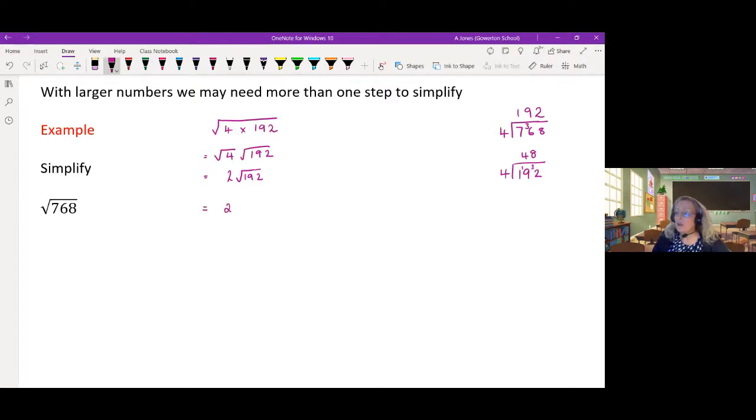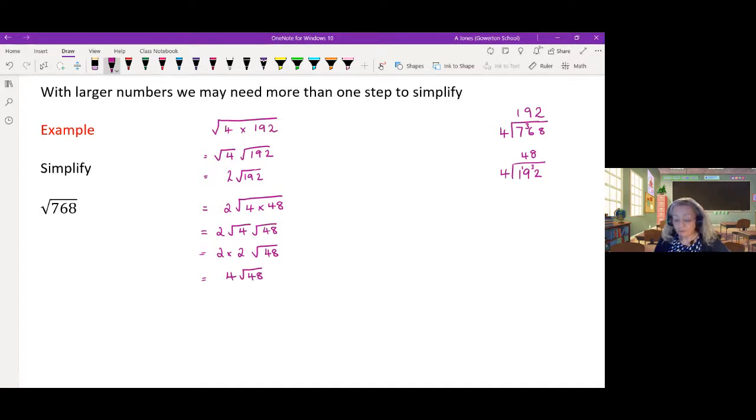So I get 2, and then multiplied by the root of 4 multiplied by 48. So this is 2, and then split it into its separate parts, root 4, root 48. And of course, the root of 4 is 2. So this is 2 multiplied by this 2, root 48. And 2 multiplied by 2 is 4. So I've now got 4 root 48.